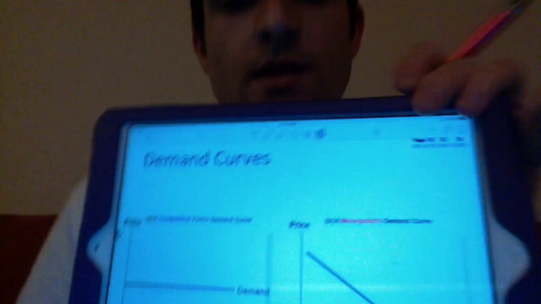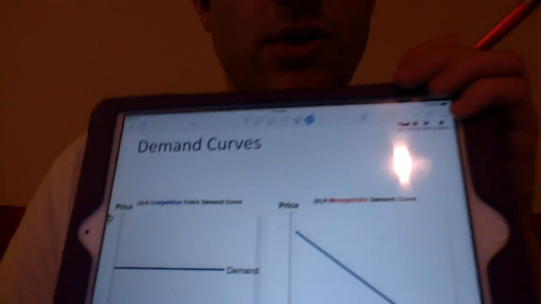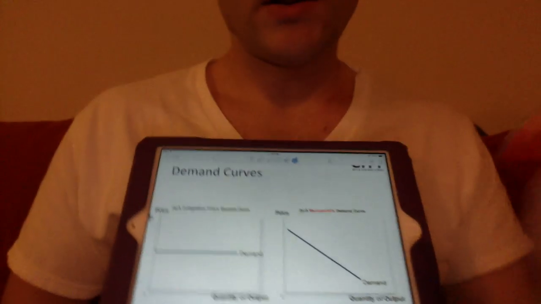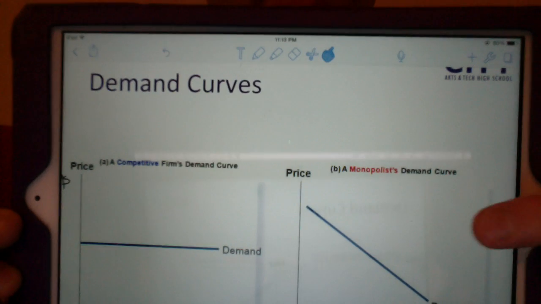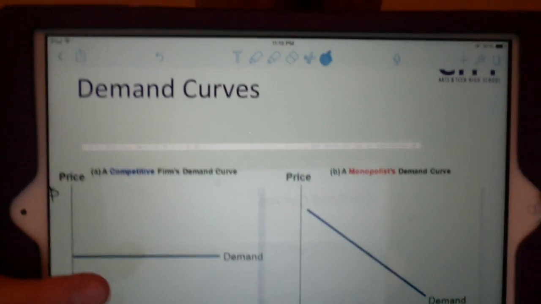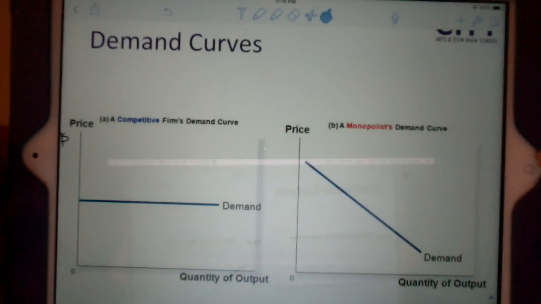So let's take a look at this. We're looking at demand curves, and let's break this down a little bit. For demand curves, what we see on that side right there is a perfectly competitive market.